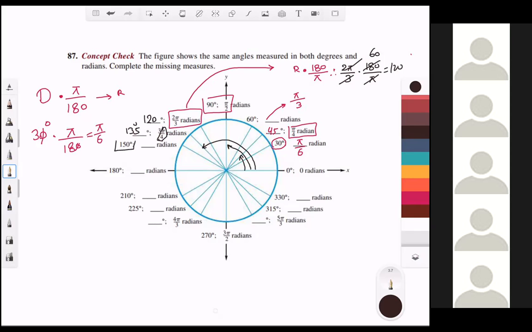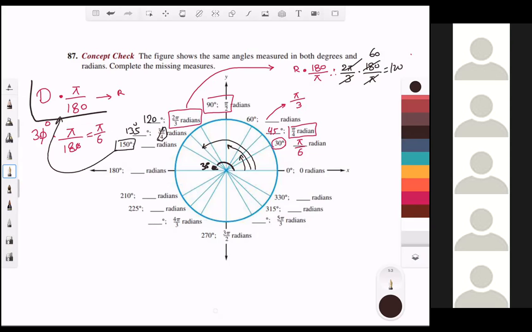150 degrees, instead of using this formula, if this is 150 degrees, this will be what degree? 30, correct?